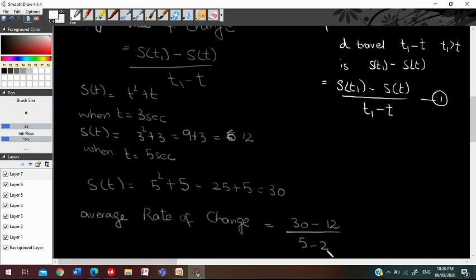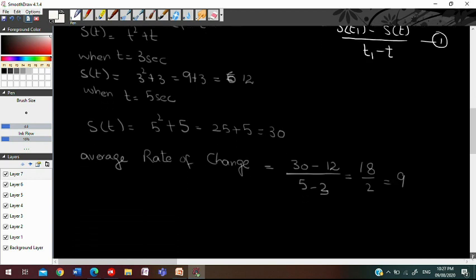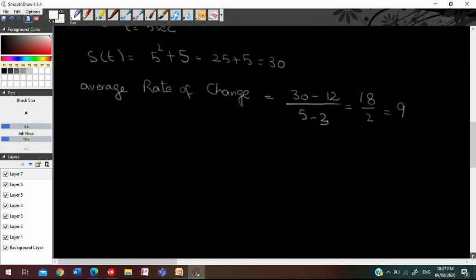So 5 minus 3 is 2, and 30 minus 12 is 18, and 18 divided by 2 is equal to 9. So by using this method, you can calculate the average rate of change.